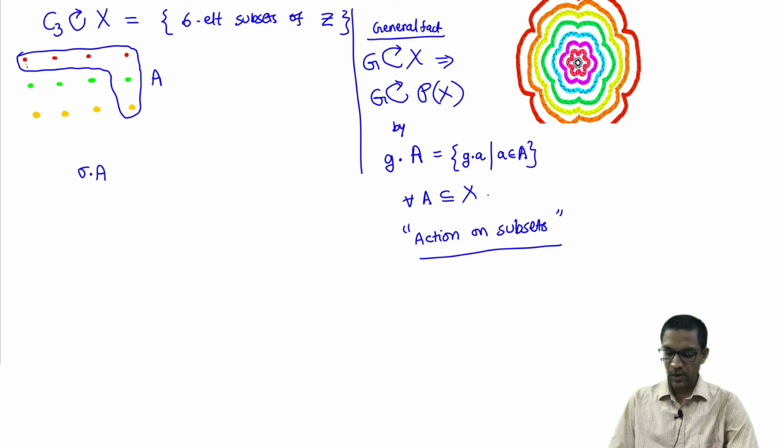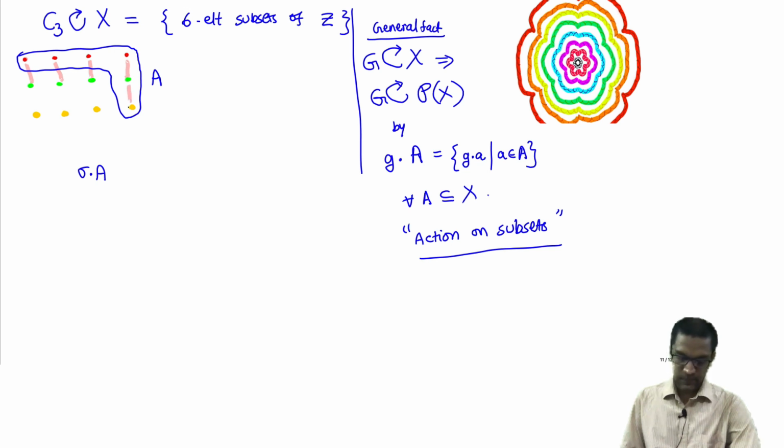So this element goes here, this element goes here, this goes here, and this green guy goes to the thing below it. This yellow fellow in A goes to the one above it. So if I act sigma on each of these elements, what are the new elements I get? I get these 3 green dots, I get this green dot, I get this yellow dot, and the yellow dot goes to the red dot above, so I also get this red dot.